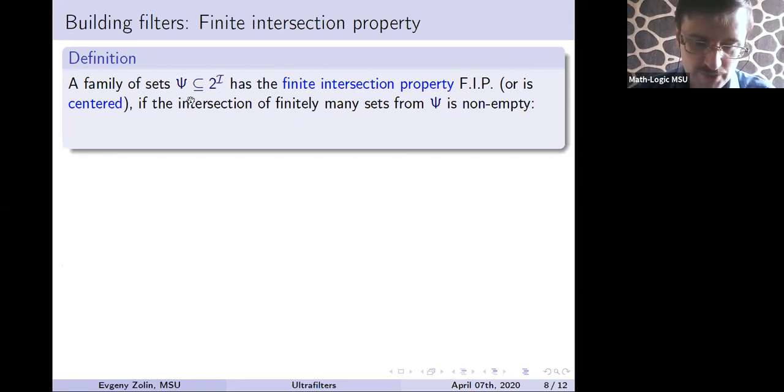So, for example, we have built some sets, some subsets of I. We want to have a filter that has these sets and possibly some other sets. What do we need to check for these sets? It turns out that the necessary and sufficient condition is this finite intersection property. Sometimes this property is also called this family of sets is centered.